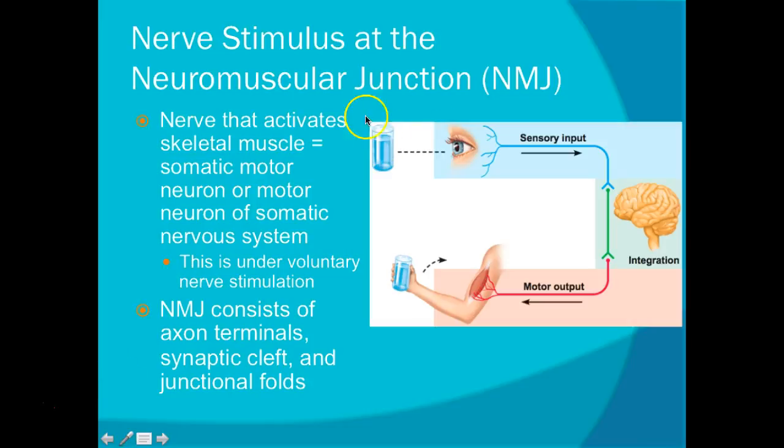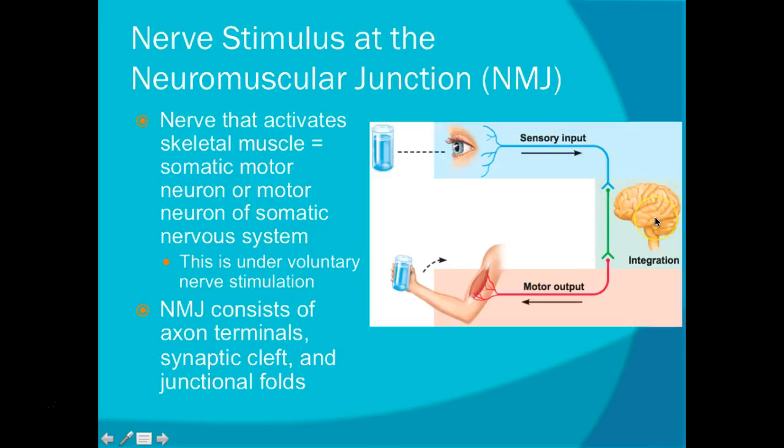When we attain some kind of stimulus, whether it's through sight or touch or taste or we hear something, all of that information is coming through a neuron, and that neuron is a sensory neuron. We're sensing something and sending that information into our body to reach our brain. So we're getting sensory input through that sensory neuron.